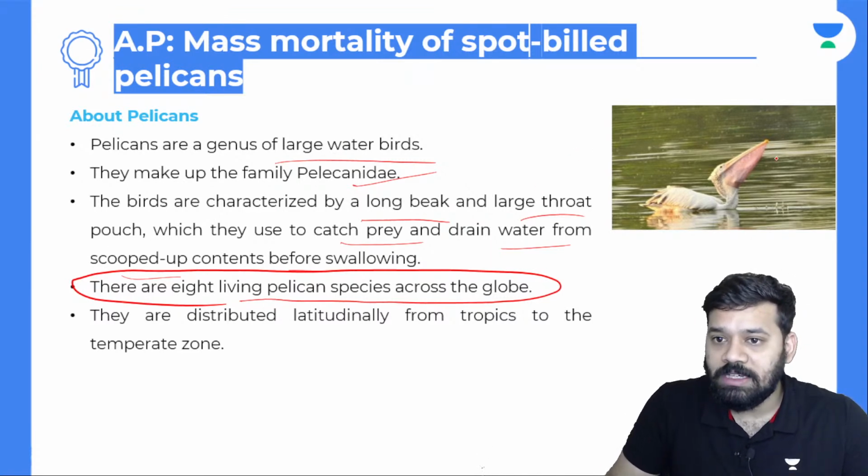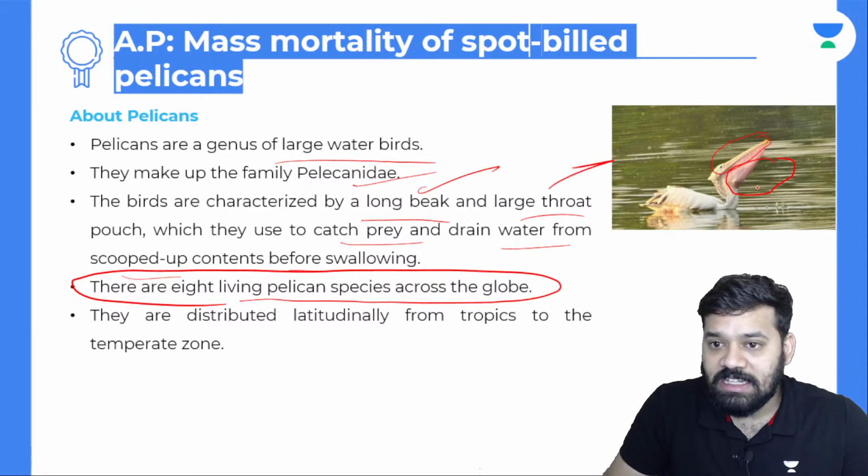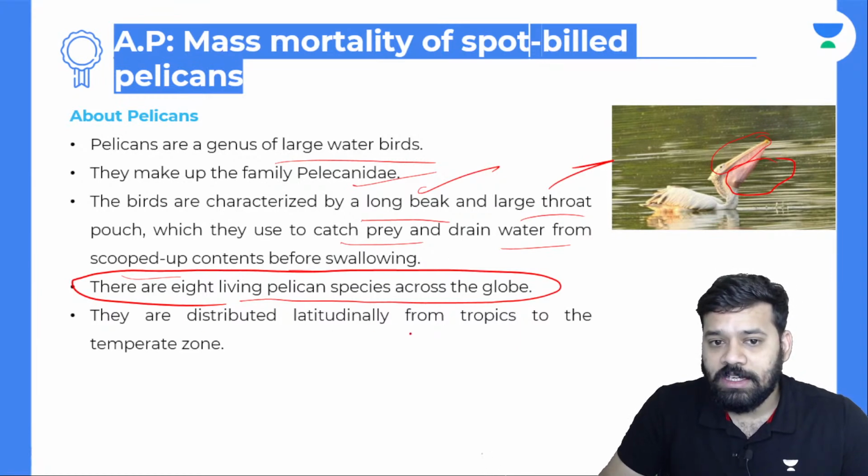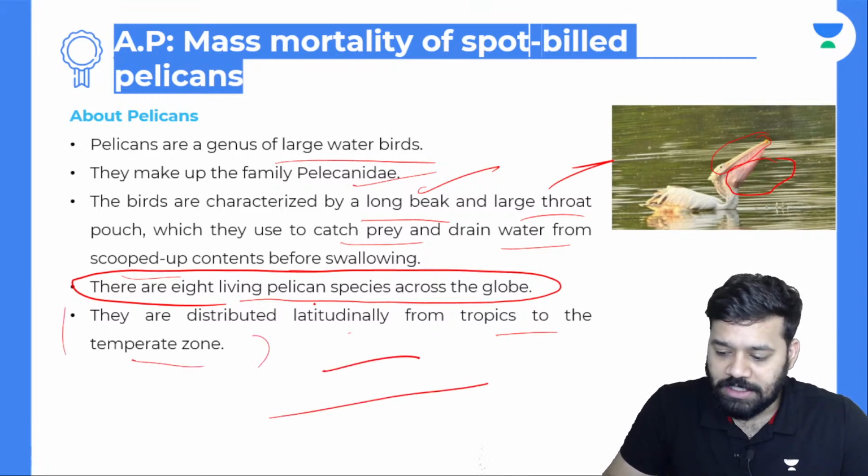You can see the long beak here and also the large throat here. So why do they have a long beak and large throat? Because when they catch their prey, they want to drain water from whatever they have scooped up before swallowing. They are distributed latitudinally from tropics to temperate zones.